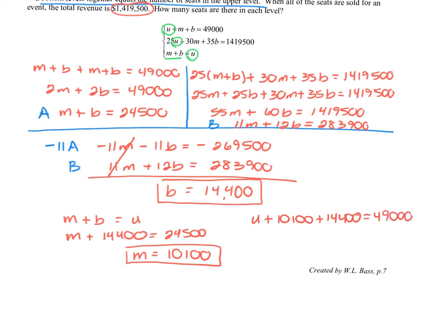And if I substitute my middle and my bottom, I will end up, sure enough, with that upper of 24,500. And those are all of our seats. We'll do a whole bunch more in class, and we're going to keep practicing these and also learning new strategies for solving systems of linear equations.